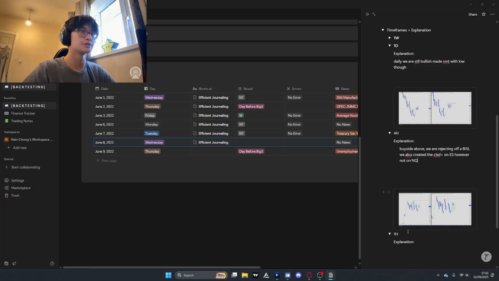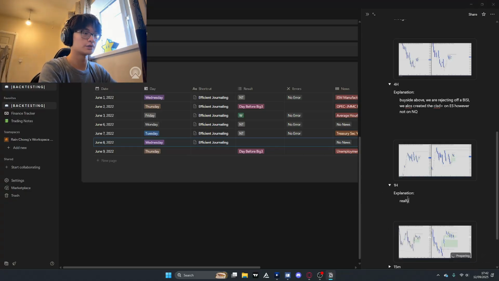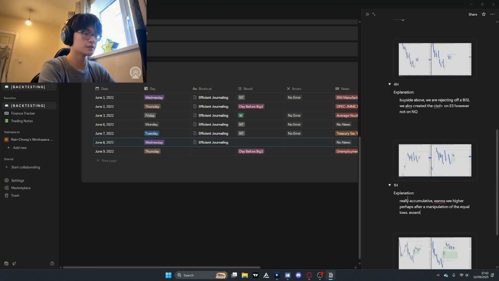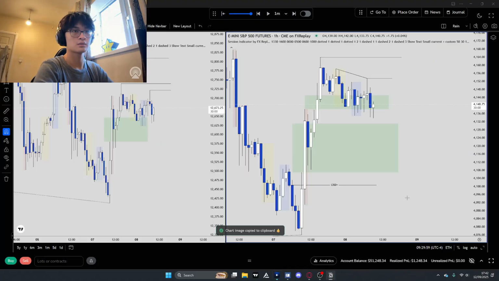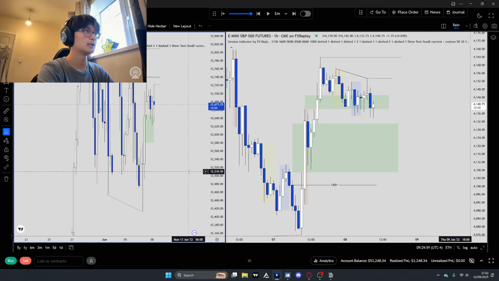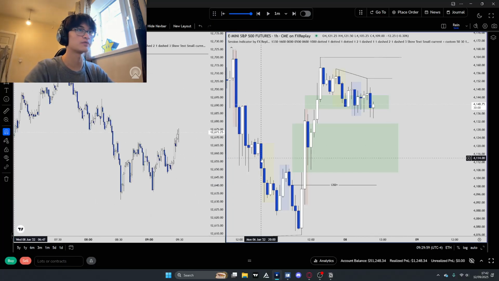Just accumulation here. Really accumulative. Want to see higher, perhaps after a manipulation of the equal lows. This could be London low of day because it fits the day profile.